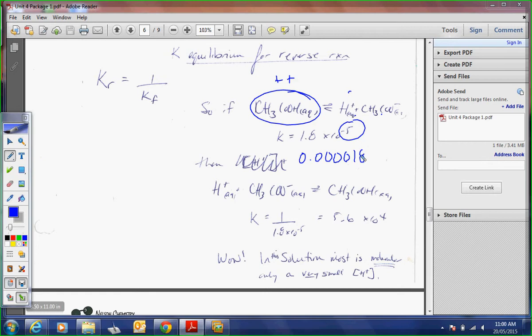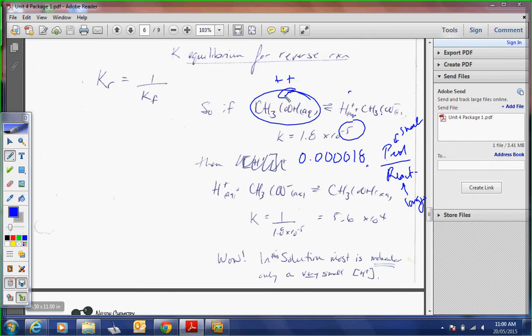I wouldn't want my bank balance to be like that. So pretty small number, and so therefore that means that the products over reactants, in order to have a small number, this must be small and this must be large. And so if it's a small K value, these are favored. That's how I knew I have a lot of the compound together.